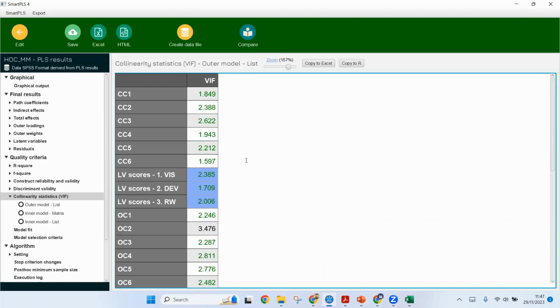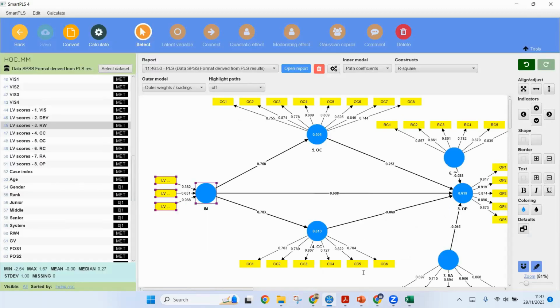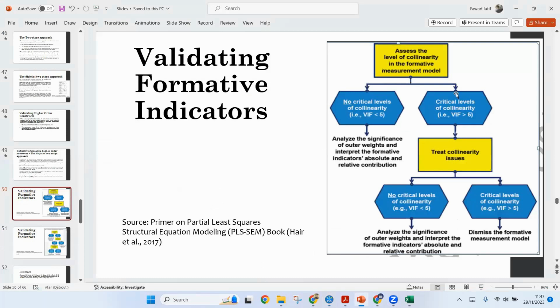VIF values are good. So once this is done, what's the next step? If the values are greater than 5, what will you do? You have to treat your collinearity issues. How do you treat them? Again, look for the correlation between variables. Look for the correlation based on groups.